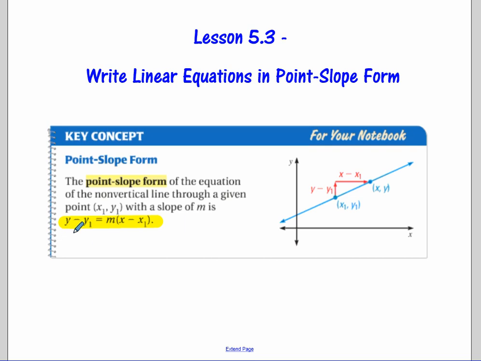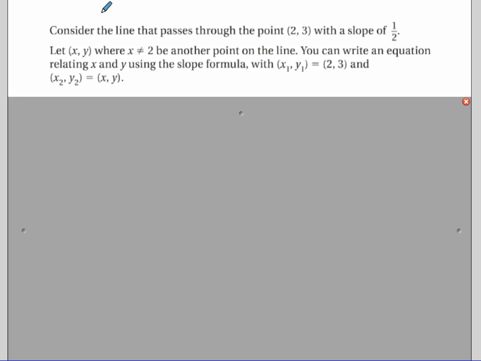It's y minus y1 equals m times x minus x1, where x1 and y1 are my point and m is my slope. All right, so let's look at an example. Consider the line that passes through point 2, 3 and has a slope of 1/2, okay? I am going to think about this information that I have.